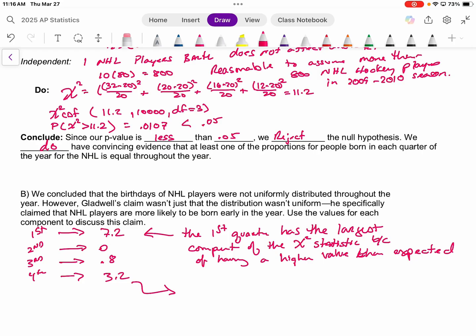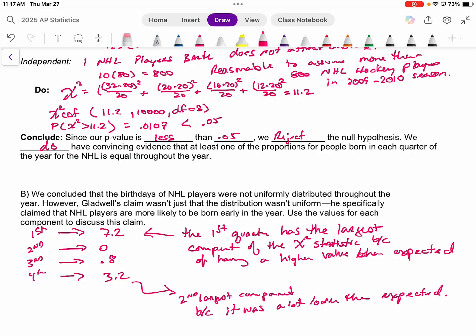The fourth quarter has the second largest component. It was the second largest, and that was because it was a lot lower than expected. So that kind of supports his claim about the ones being born earlier in the year and so forth.